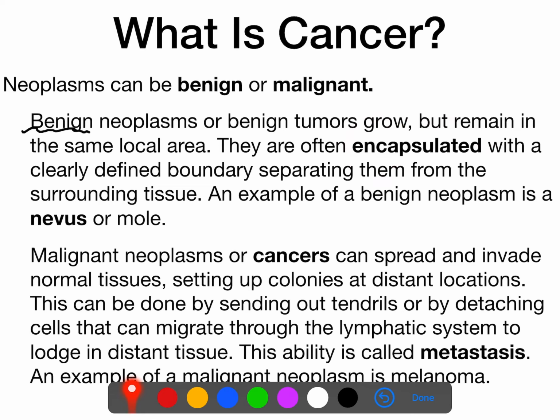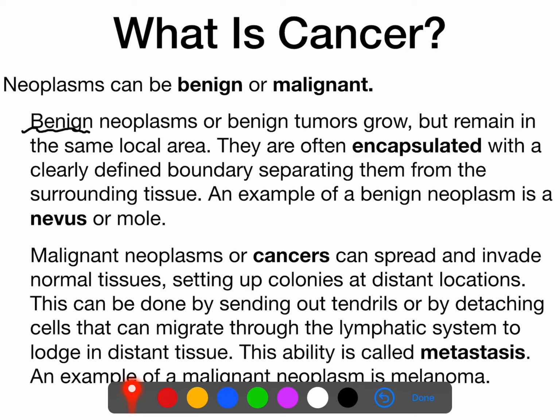That's called encapsulation. These may be characterized as benign tumors or sometimes cysts. But they have a very definite boundary that separates them from the surrounding tissue. One example of a benign neoplasm is a nevus or a mole.